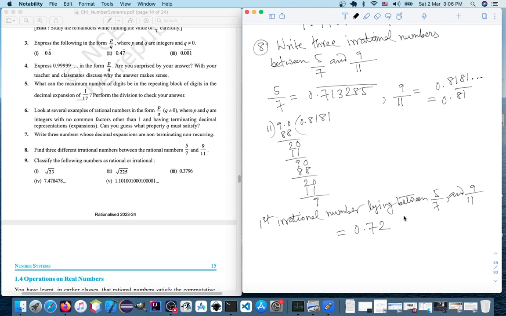Now we can arbitrarily add any random digits, 1 1 2 3 4, with no pattern like this. This will be 1.